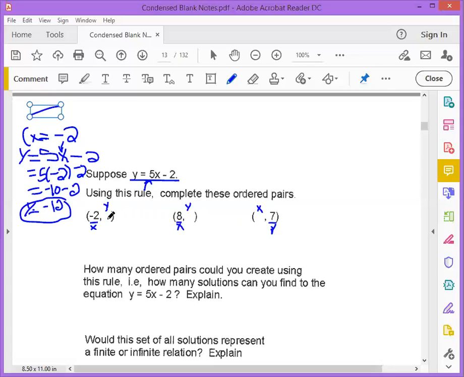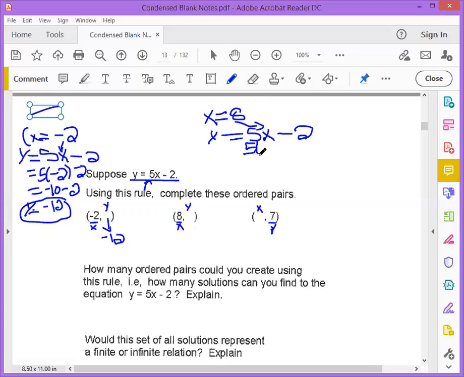So our y coordinate for this first set would be -12. Now for the second set, we're going to substitute x equals 8 into our given rule or equation, which was y equals 5x minus 2, and we're substituting 8 for x.